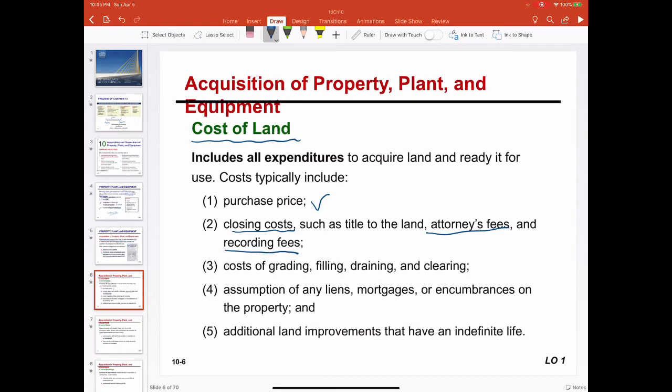Okay, the fees of grading, filling, draining, and clearing. Okay, any other fees associated with this acquisition. Without paying all the necessary expenditures, the firm will not be able to use that asset.